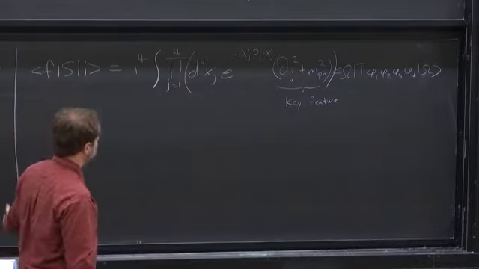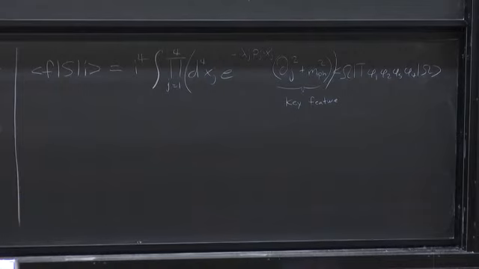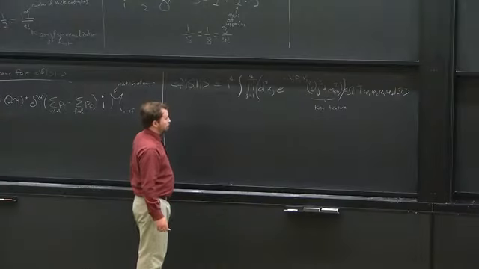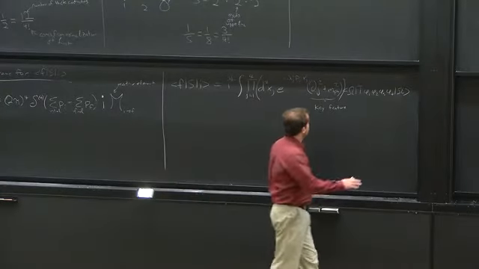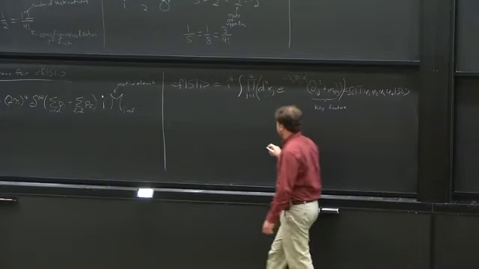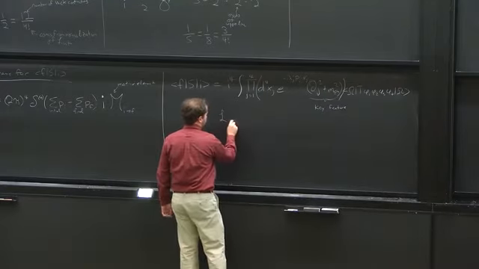Again, our strategy is going to be to look at some simple examples and see if we can guess formulas, and we'll try to get some understanding of where the rules come from by doing that. So let's look at, again, the phi to the 4 theory.